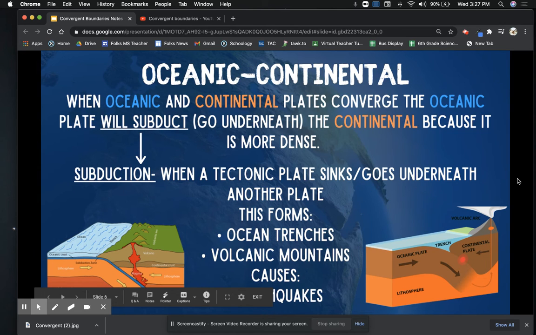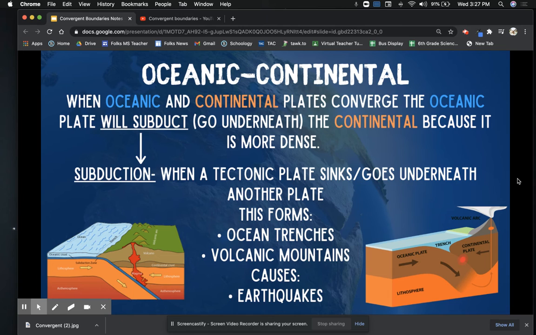So next we have our oceanic and continental convergent boundary. So this is when an oceanic plate and a continental plate come together. The oceanic plate will subduct, or go underneath, the continental plate because the oceanic plate is more dense. So think about a really thin and dense piece of plate and a really thick and not dense piece of plate coming together.